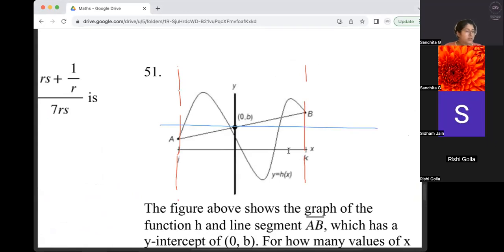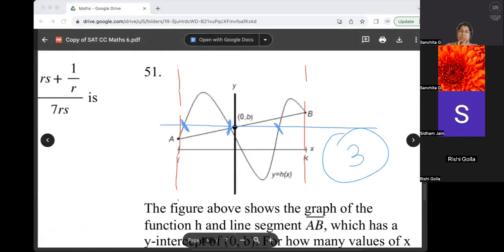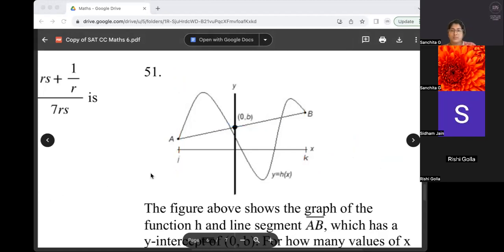It is cutting once, it's cutting twice, and it is cutting thrice. Clear? 3 times. This question is actually very easy, but it seems very tricky. I would categorize it as a 760 level question. Any doubt? Super simple, right?